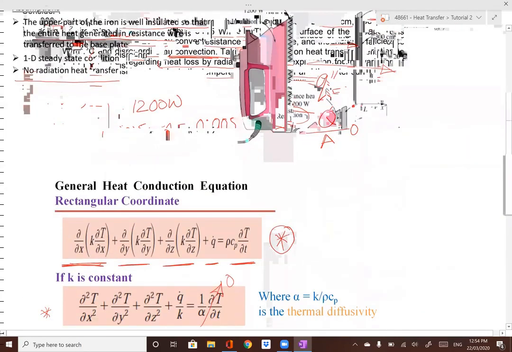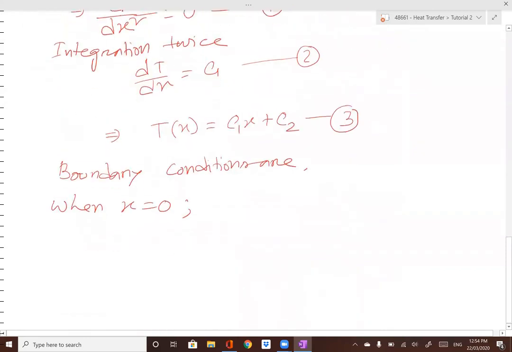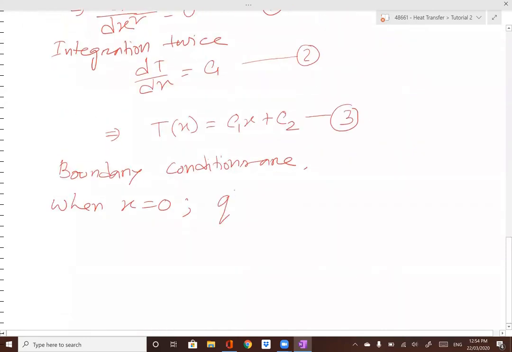So we can write down, when x equal to 0, heat flux equal to negative k dT/dx at x equal to 0. No area, sorry, heat flux, so no area.